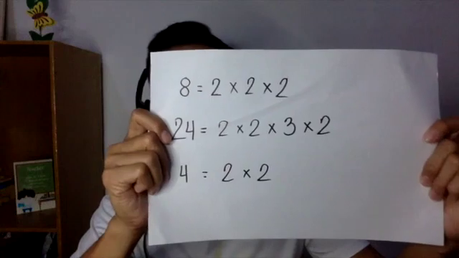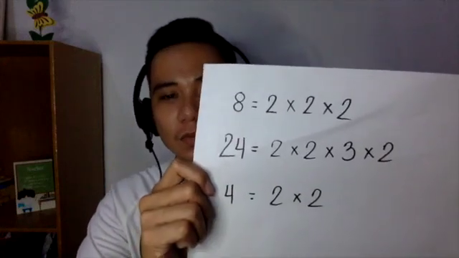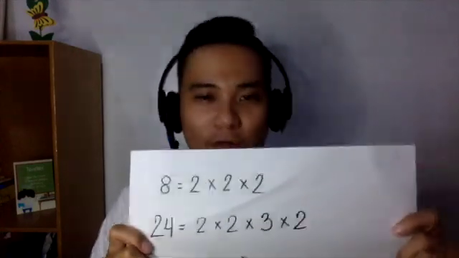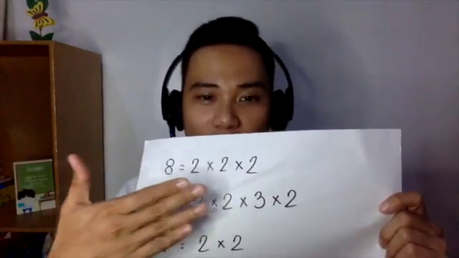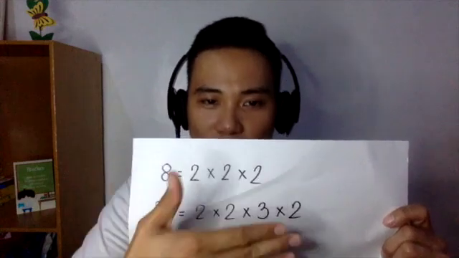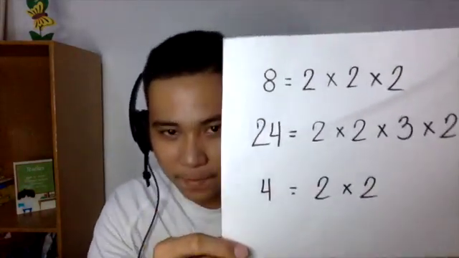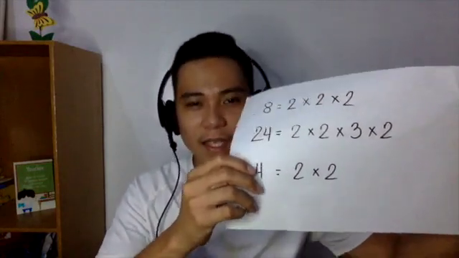In 24, we get 2 times 2 times 3 times 2, because 2 times 2 times 3 times 2 is 24, and 2 times 2 times 2 is equal to 8. Next, for the 4, of course, there's 2 times 2. So those are the factors of each number. To identify the GCF, just look at the common factor between 8, 24, and 4.